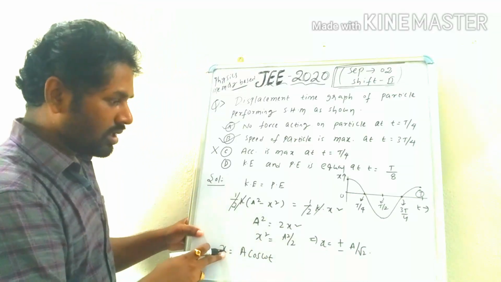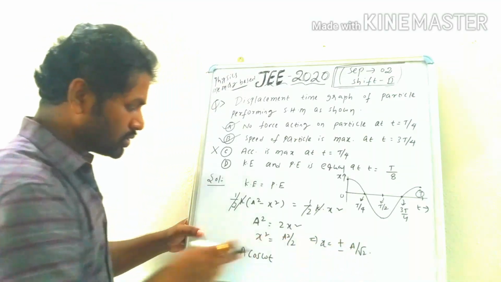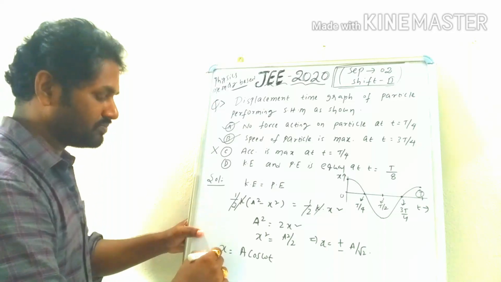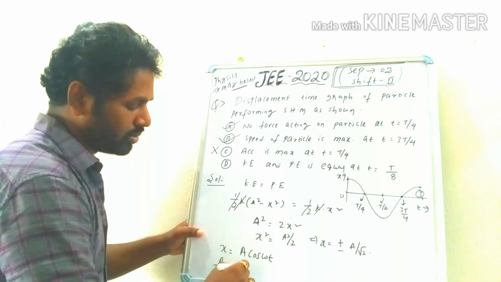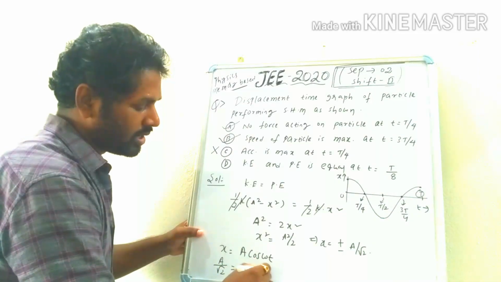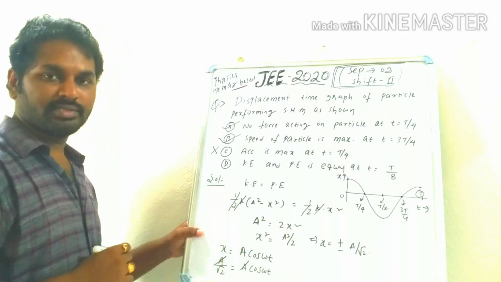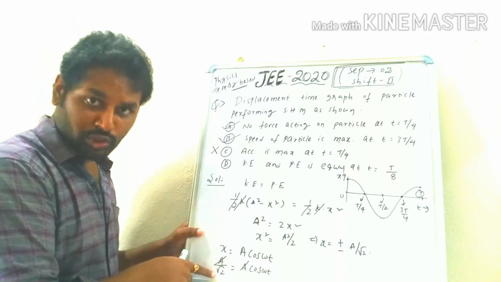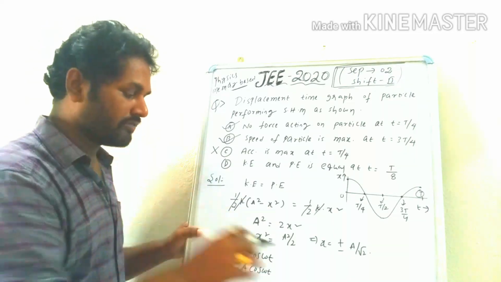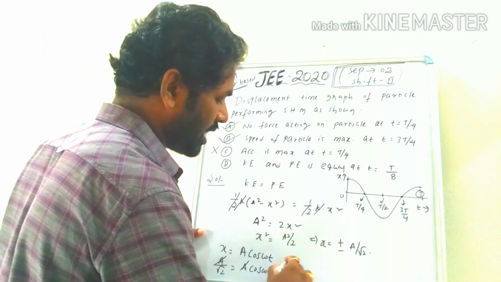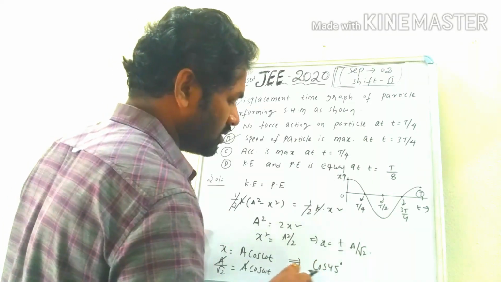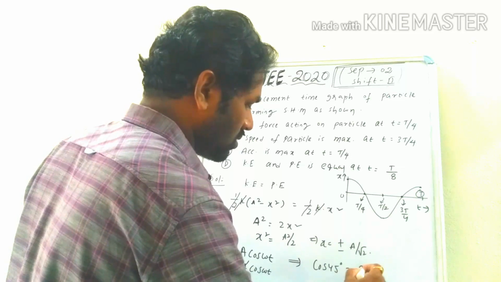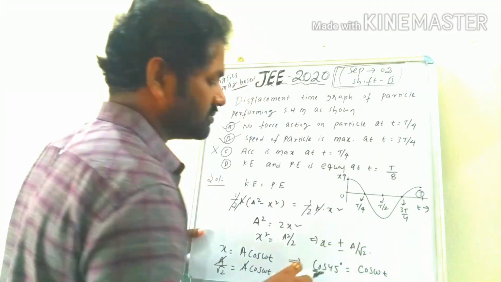Now you take x is equal to a by root 2 in this equation. Right here, a by root 2 is equal to a into cos omega t. A gets cancelled. 1 by root 2, which means cos 45. So cos 45 is equal to cos omega t.